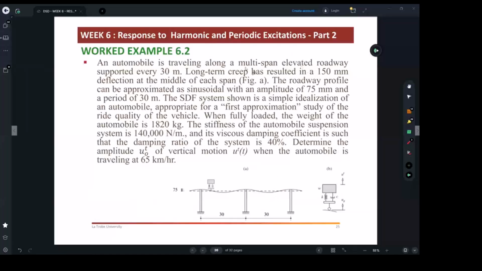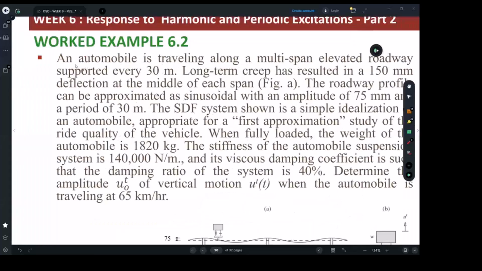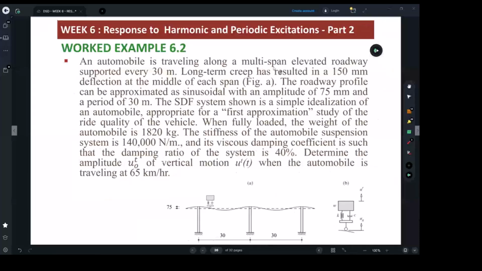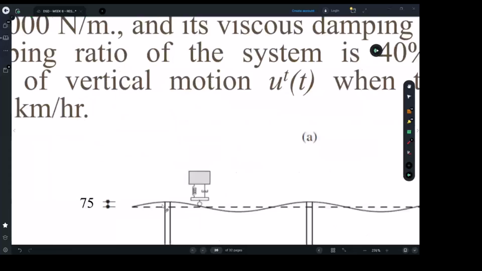As I said, what we have here is a vehicle traveling along a multi-span bridge. Each span is about 30 meters, and due to long-term creep, it has resulted in an overall 150 millimeter deflection at mid-span. So we're saying from this level to this level, we had a 150 millimeter sag, right?